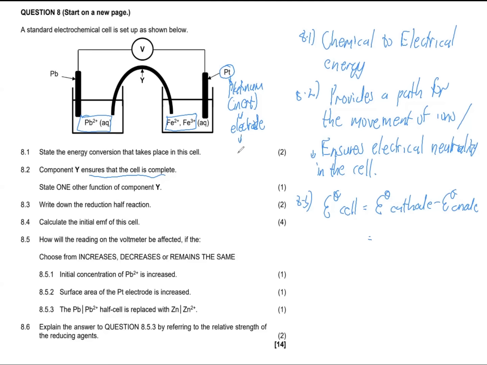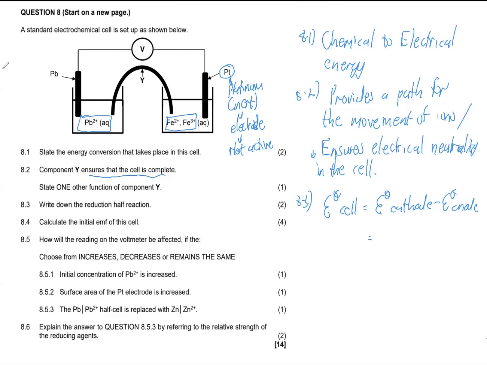It is not active, so it does not form part of the reduction reaction or the oxidation reaction. It is only there to act as an electrode, to facilitate the movement of electrons from the anode to the cathode.